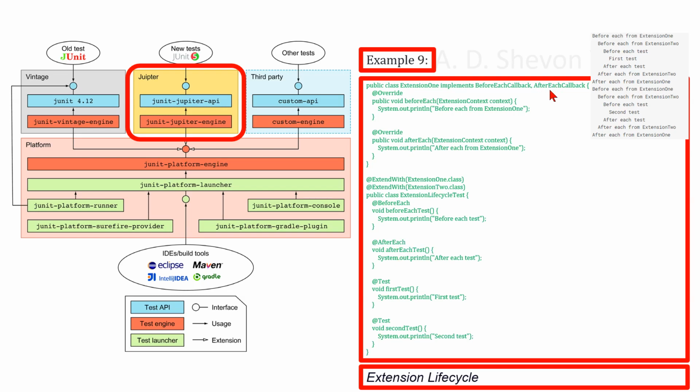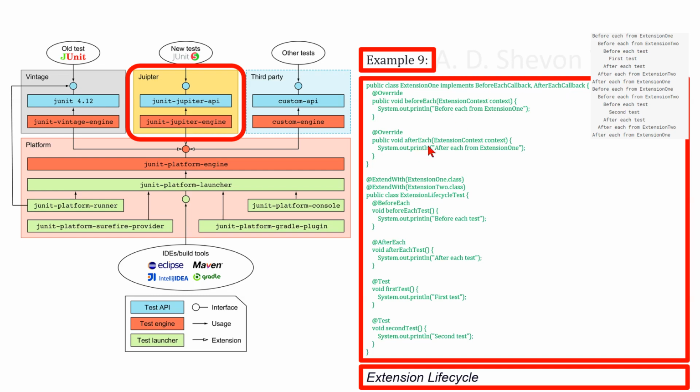Concrete implementations often implement BeforeEachCallback as well. If you do not wish to have your callback wrapped around user-defined setup and teardown methods, implement BeforeTestExecutionCallback and AfterTestExecutionCallback instead of BeforeEachCallback and AfterEachCallback.